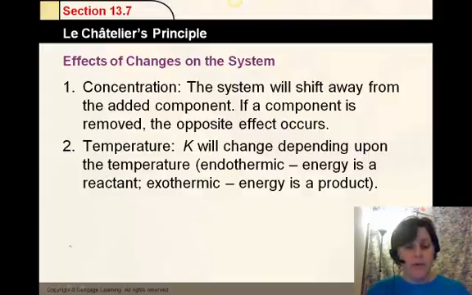In an exothermic reaction where energy is a product, if we heat that up, the reaction will then shift back to the left to get more reactants and thus actually reduce the value of K.